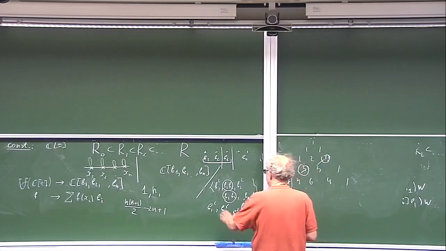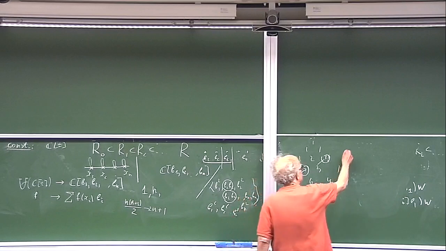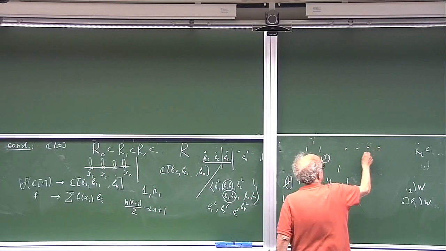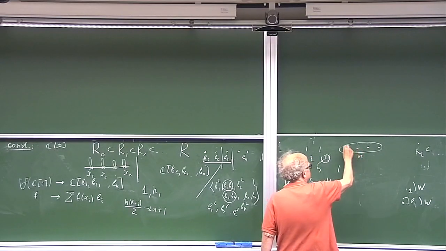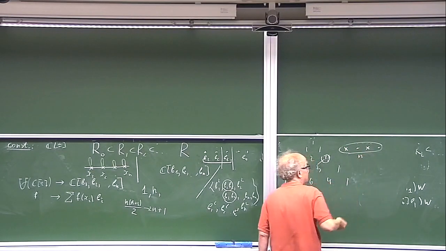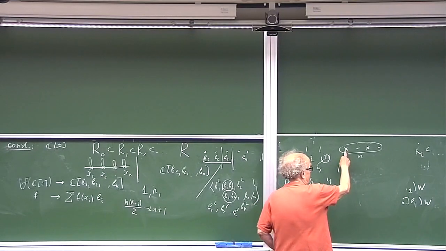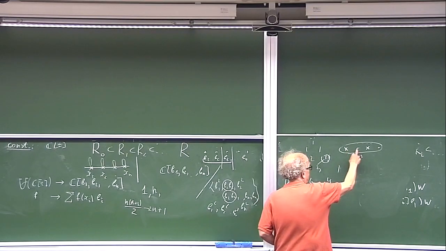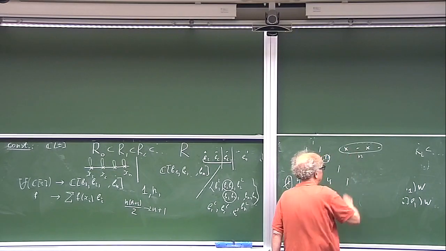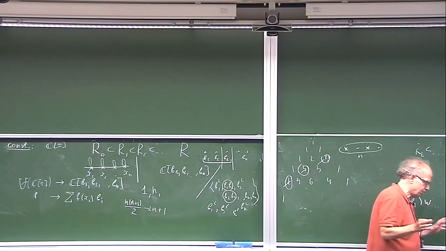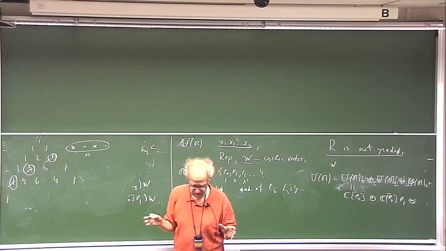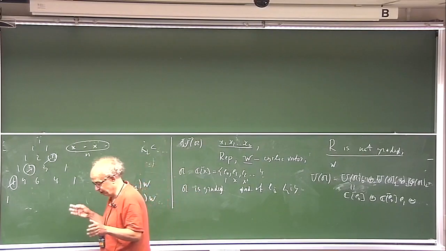If you define Fibonacci numbers, you take n points and consider configurations of points, monomials in my case, such that no crosses can be in neighboring positions. Such a combinatorial problem you can count, and in this case it is Fibonacci numbers.